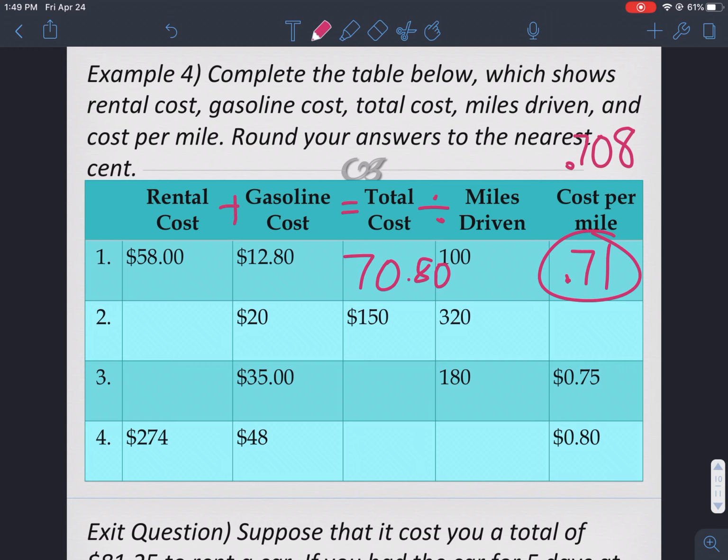So we have to go the opposite and subtract 20 to work backwards, and we'll get $130 for the rental cost. And then the total cost should be $150 divided by 320 miles driven. Cost per mile is going to be 0.40625. But again, I want to round that to the nearest cent, so let's make it 0.41.